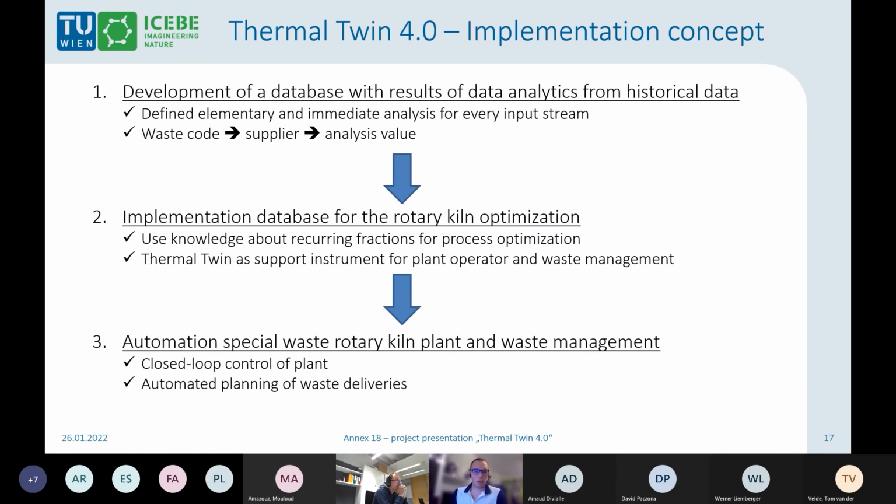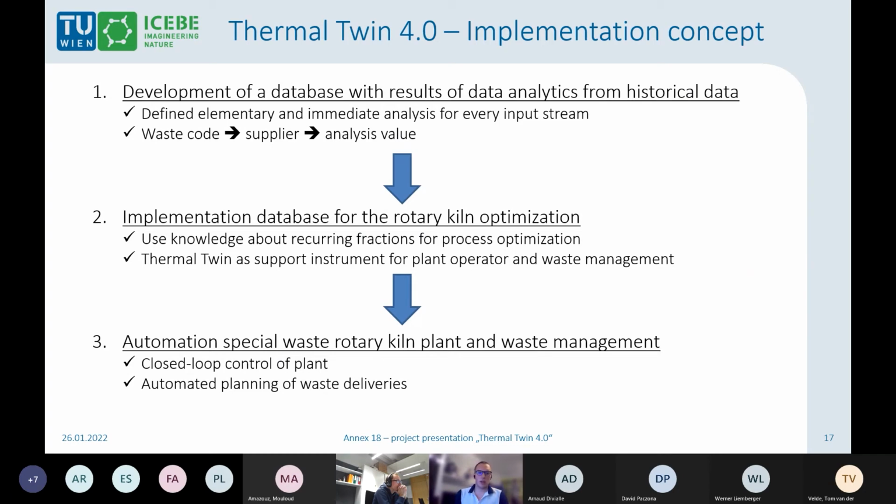To come to a digital twin in the end, there is a three-step timeline. You can say it's quite obvious that the first one is the digital model, the second one a digital shadow, the third one a digital twin. First of all, and this is the goal for this project, we develop a database with results of the data analytics from historical data.